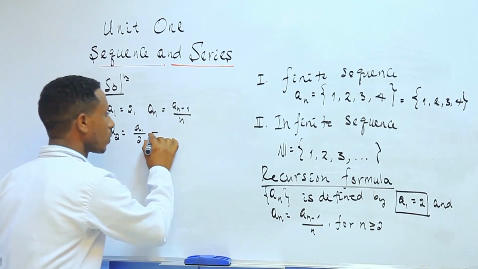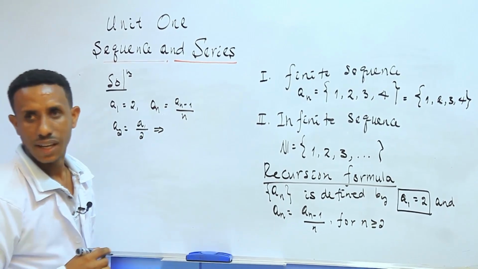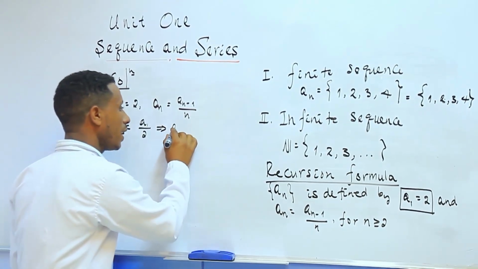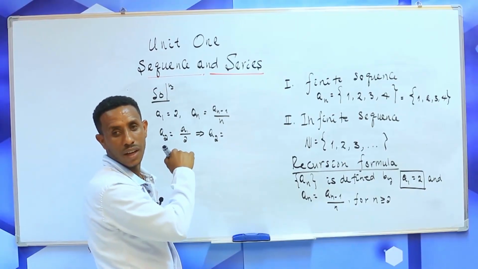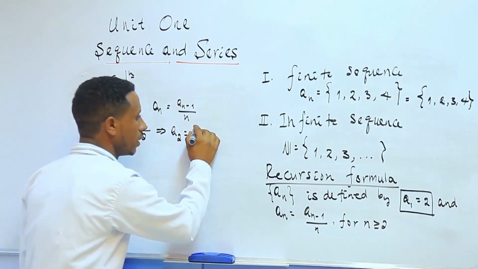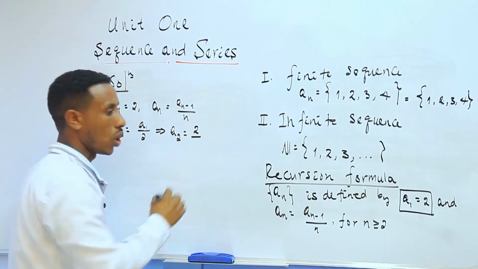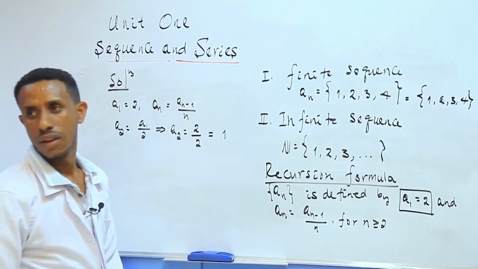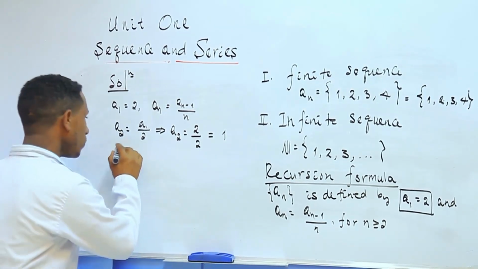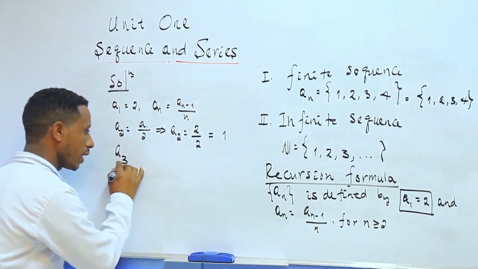And what does this tell us? A2 is already, we know A1. How much is it? It's 2 over 2. A2 is 1. Very good. What about A3?